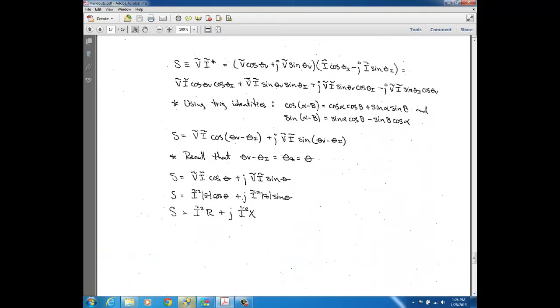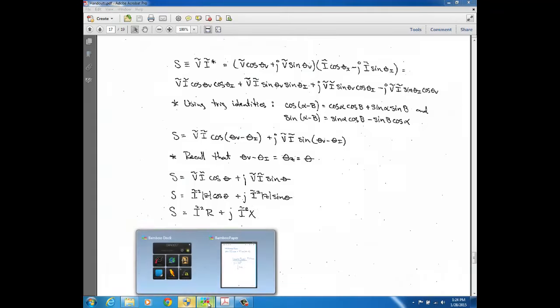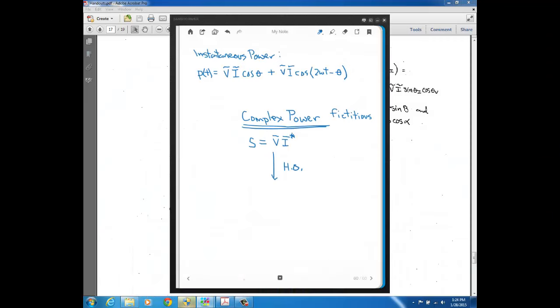This handout shows, with this definition of complex power, and again a lot of algebraic gymnastics, that you can show this key bottom result: complex power is equal to I squared R plus j I squared X. Oops, I made a mistake here, let's see, here we go.